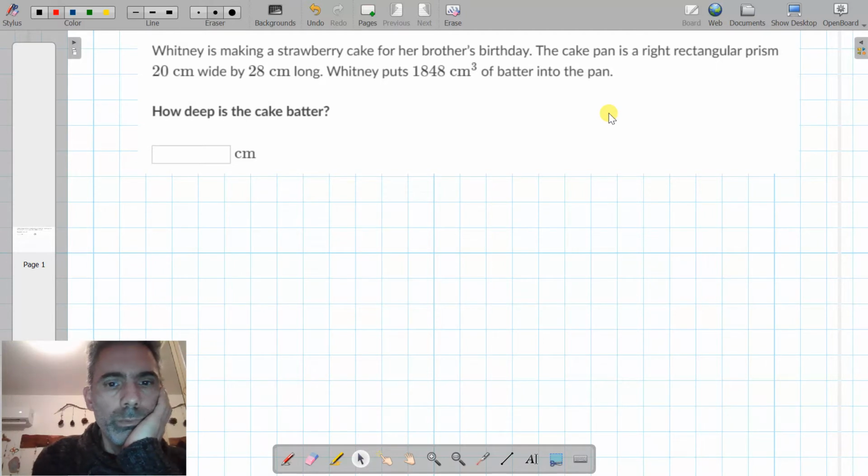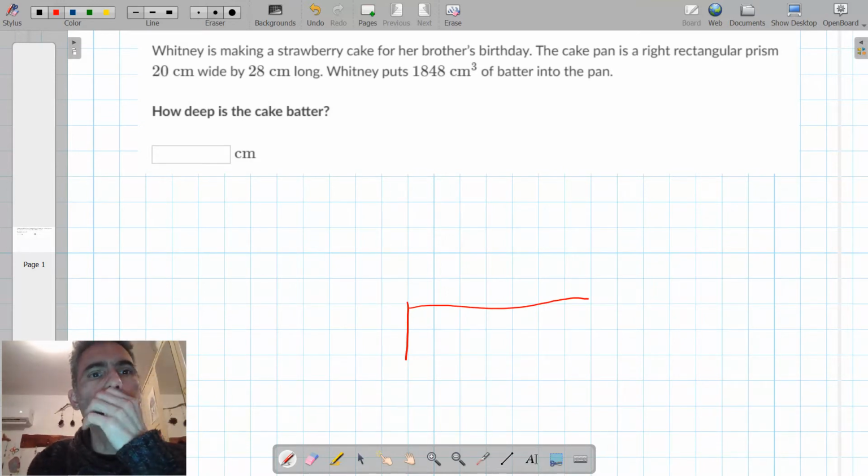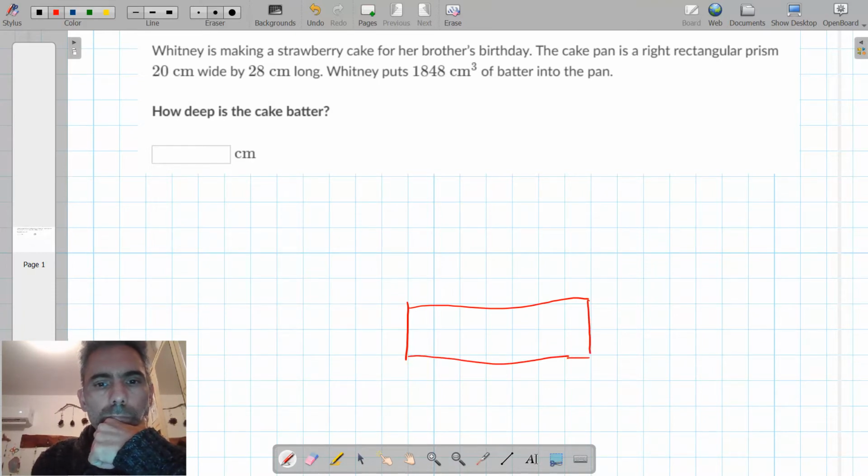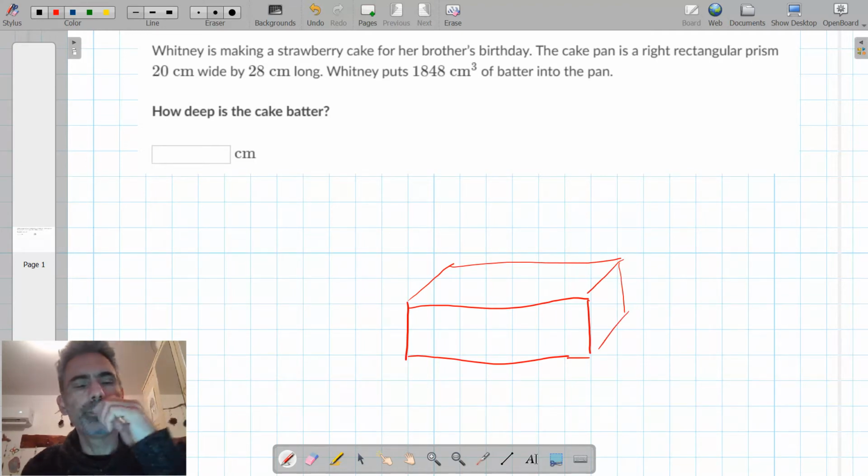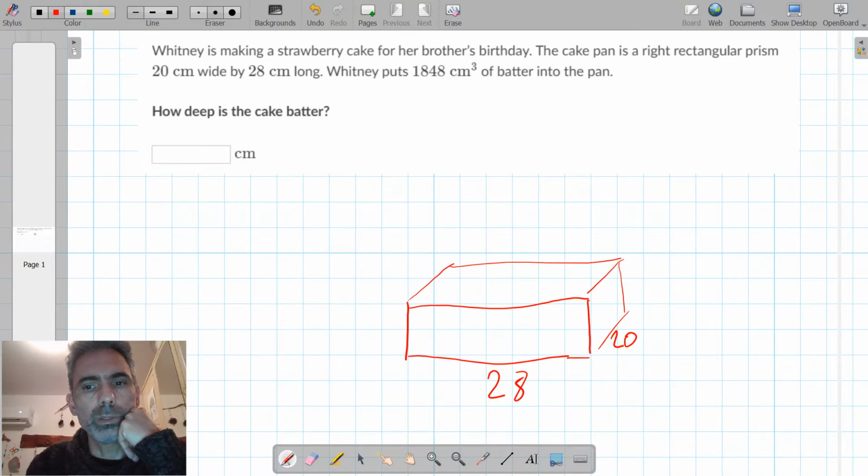Okay, so let's say that this is the base, 28 centimeters by 20.